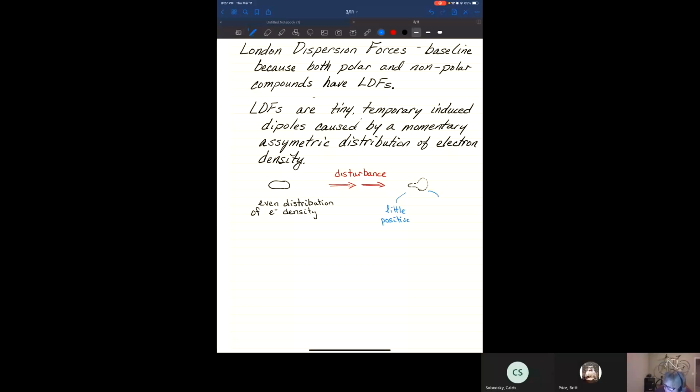And then the other side is a little negative. The electron density can shift back to being symmetric.